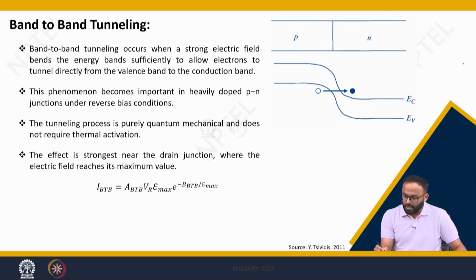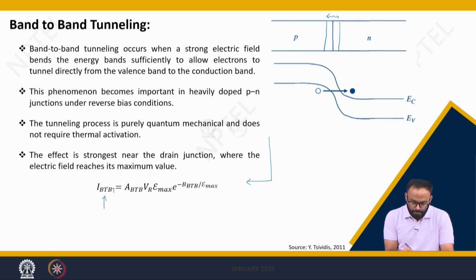Now, the band to band tunneling current basically depends on the field present at the junction. In general, I_BTBT can be given by A_BTBT into VR into E max into exponential of minus B_BTBT divided by E max, where VR is the applied reverse voltage and E max is the maximum electric field at the junction, right.